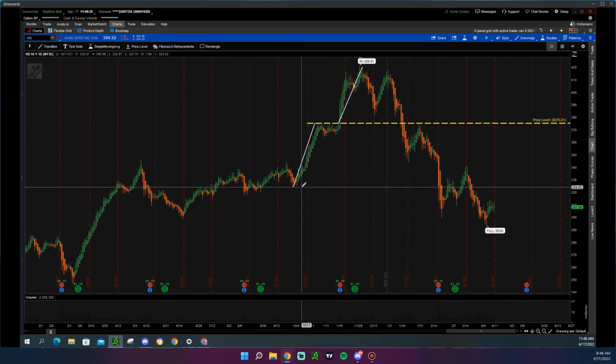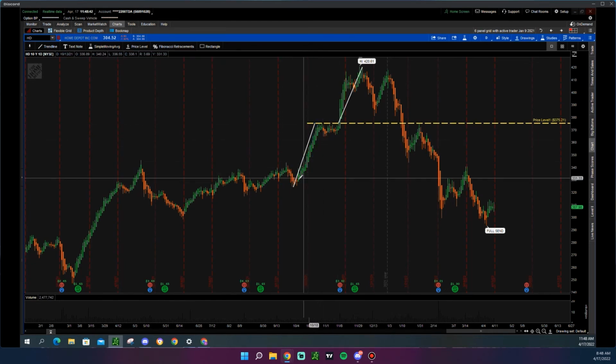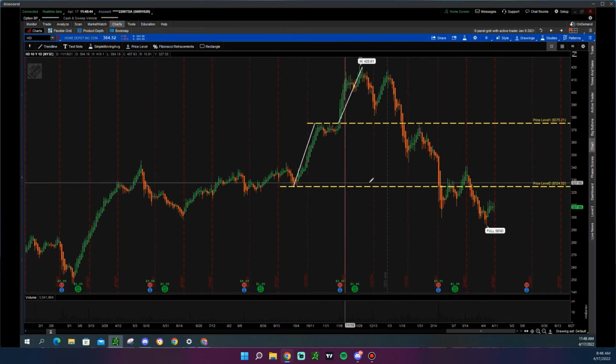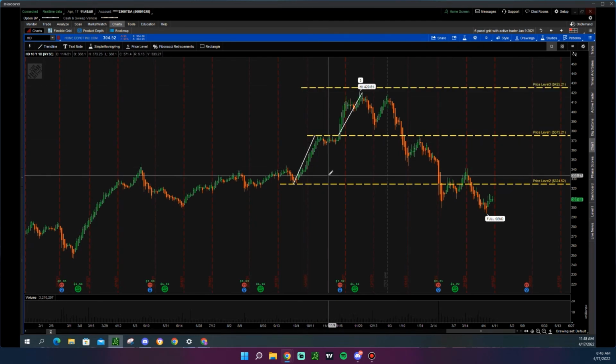If I measure this, and I'm sorry, I'm just really bad at measuring, this is $51 to here. So let's see, $51, 324, let's call it 51 exactly. So from here to here, $51 would be about 425-ish. Guys agree? Just rough math. I'll put it right here. So this would be the ABCD pattern in this.